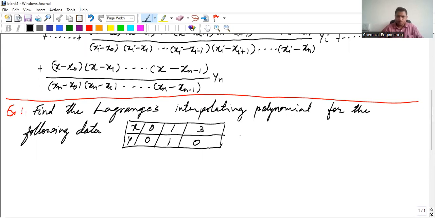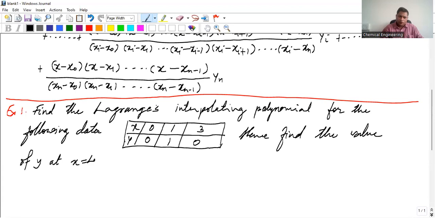Hence find the value of y at x equal to 4. Let's find the Lagrange's interpolating polynomial and then the value of y at x equal to 4.